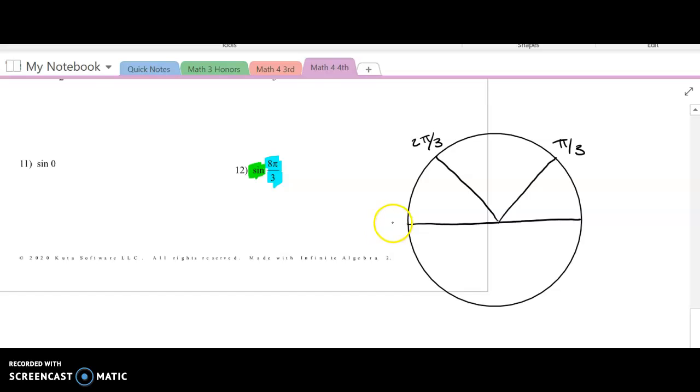So then what would this one be if it's already labeled as pi? Well, it would be 3 pi over 3, but that's the same as pi. And then our next one was 4 pi over 3, and then 5 pi over 3. And then we had 2 pi here, but if we had 6 pi over 3, that's the same as 2 pi.